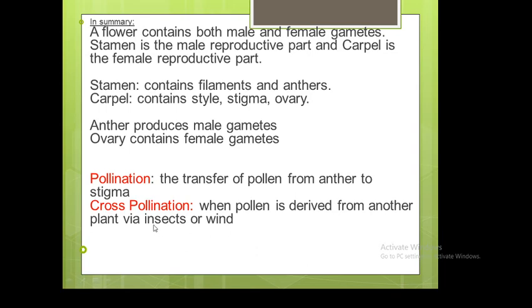This is one type of pollination. We call it cross pollination, and there is another type which is called self pollination. It happens in the same plant, from the anther to the stigma of the same flower. We call it self pollination. This is the difference between cross pollination and self pollination. Cross pollination takes place between two different plants, okay.